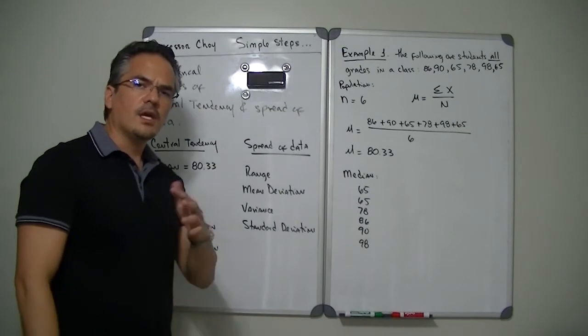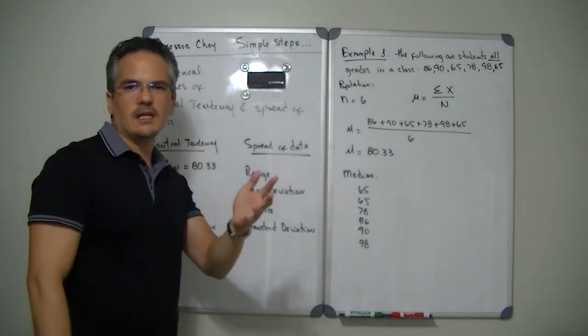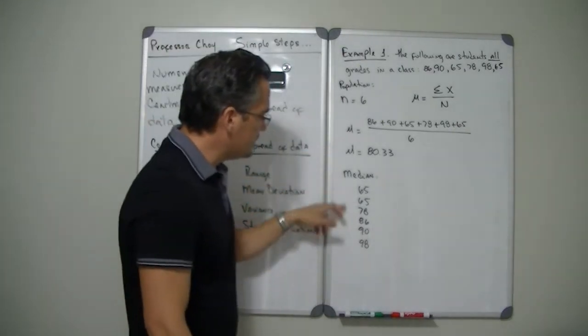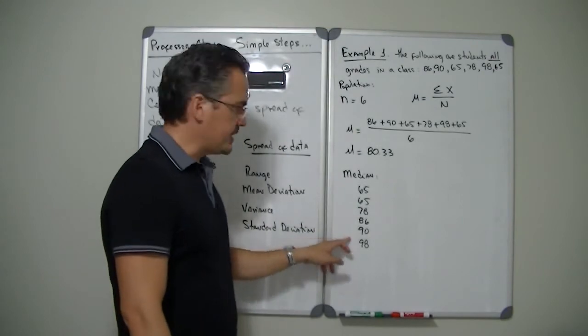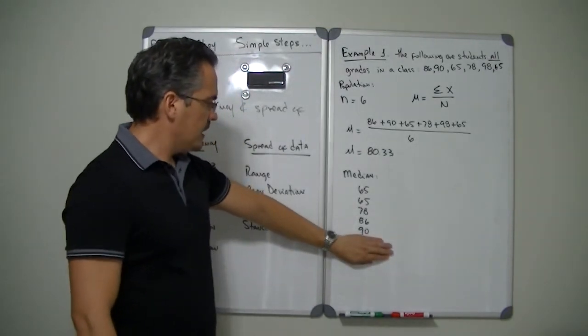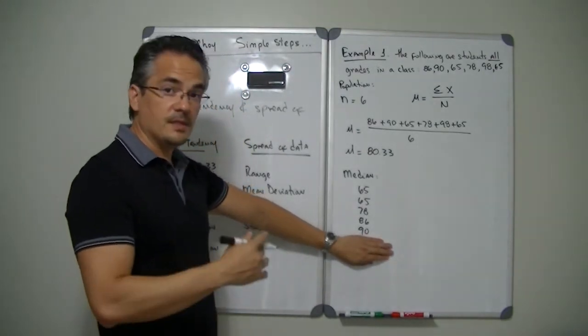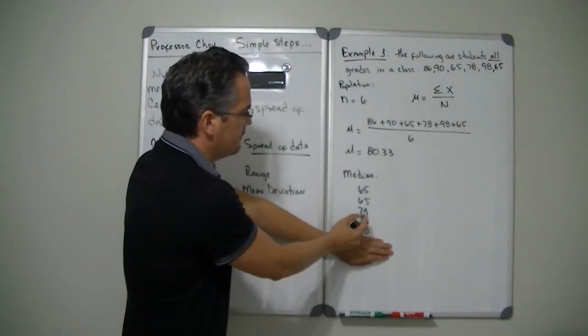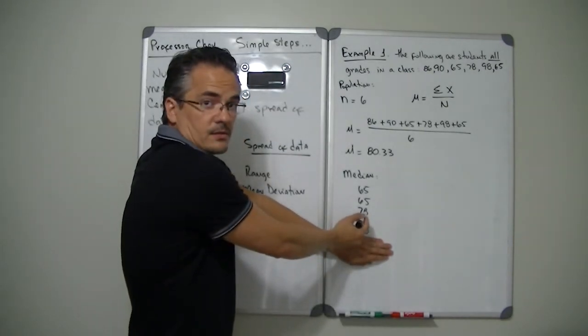All right, now here's where it gets easier or slightly complicated. If your data set is odd, and imagine that I didn't have this 98, then the answer for your median is simple. You just pick the number in the middle, which is 78, and that will be your answer.